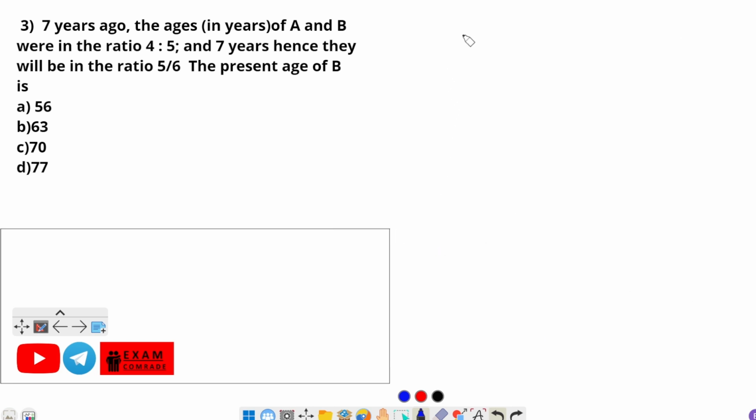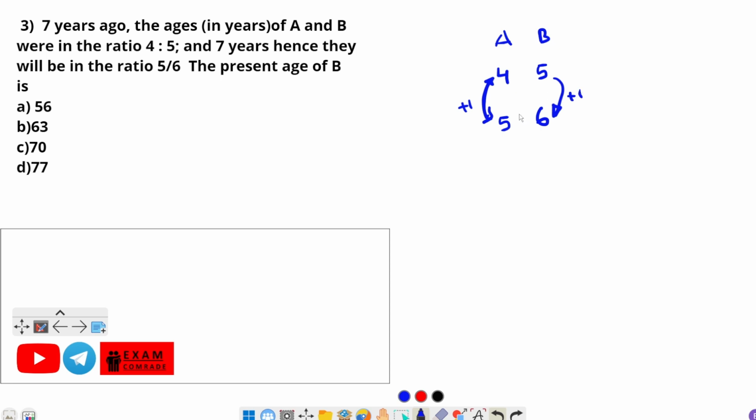Okay, method 2. A is to B is given as 4 is to 5, 7 years ago, and 5 is to 6, 7 years after. So just check the difference. Here it is plus 1, right? 4 plus 1 is 5, 5 plus 1 is 6.